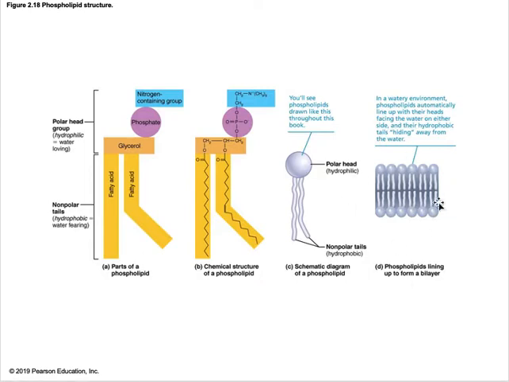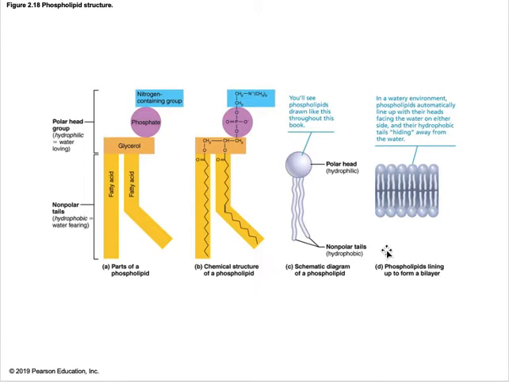If we're denoting a cell, the bottom of the picture here would be the inside of the cell, and the top here would be the outside of the cell, what we might call the extracellular fluid versus the intracellular fluid. So phospholipids are what we call diglycerides, and they have this phosphorus-containing group and two fatty acid chain tails.